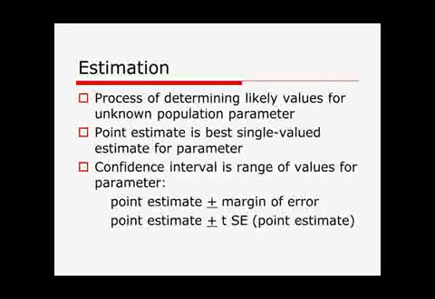The confidence interval starts with our best estimate, and then we add and subtract what we call our margin of error. And that margin of error really consists of two things. I put T in there, and T stands for a value from a probability distribution to reflect a level of confidence that we choose. And we multiply that by the standard error. And that's that estimate of the variability in our mean value or whatever it is that we're analyzing.